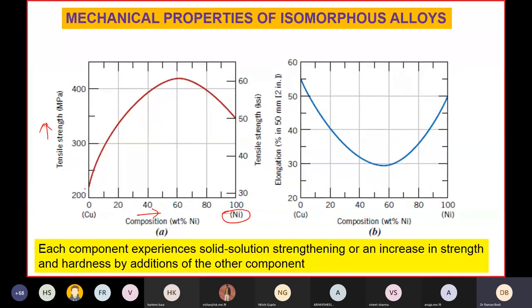We find here that when you start increasing the nickel percentage in copper, it was here, let us say it was 100% copper, it is a low strength. So when you start putting nickel into it, the strength starts increasing. And it goes to a maximum value, then it starts coming down, because now the reverse thing is happening. So this is what is observed in the mechanical properties, an improvement because of what we call alloying.